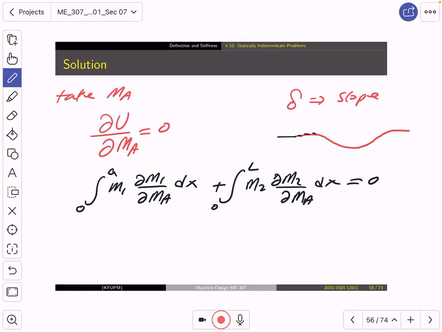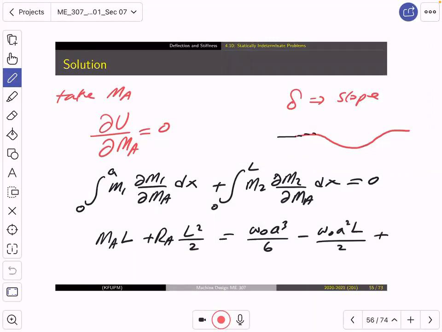What are you going to get? Give me one more minute, guys, okay? You will get MAL plus RA L square over 2, which is equal to W0 A cube over 6 minus W0 A square L over 2 plus W0 A L square over 2.